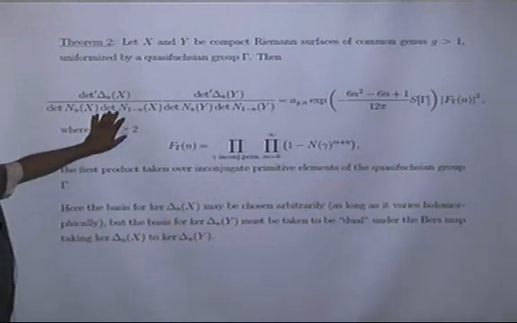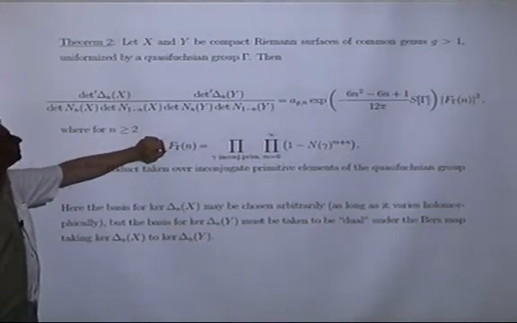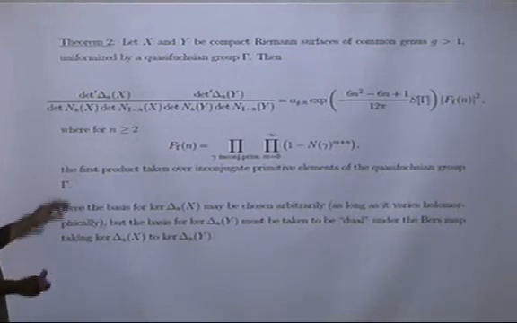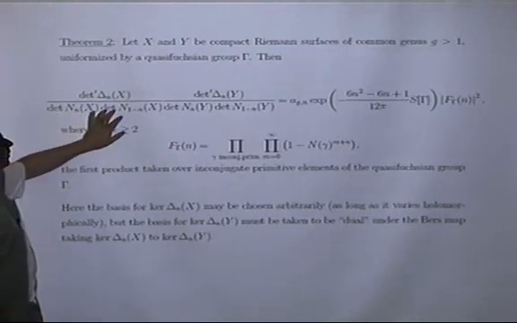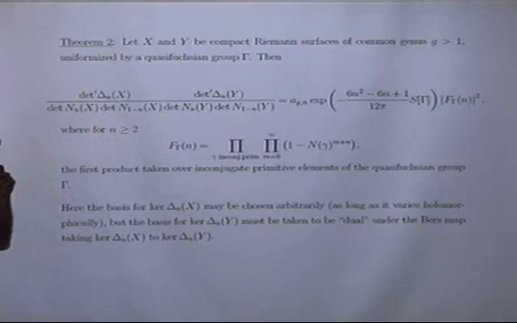What you get is a product of determinants for the two Riemann surfaces, divided again by the determinants of the matrix of inner products for a choice of basis of the kernels in each case.